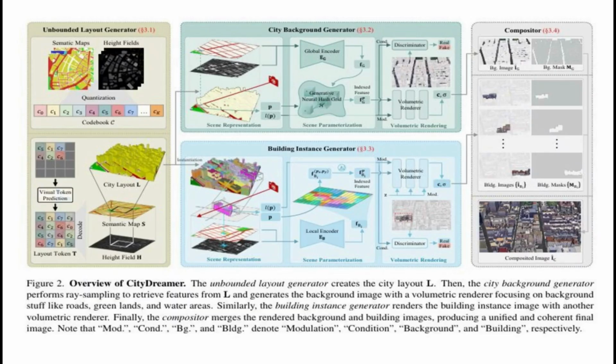Using a large-scale dataset from Google Earth and OpenStreetMap, it learns to produce structurally accurate 3D cities. Unlike traditional procedural generation, which often lacks realism, CityDreamer captures authentic urban layouts while ensuring diverse building styles.